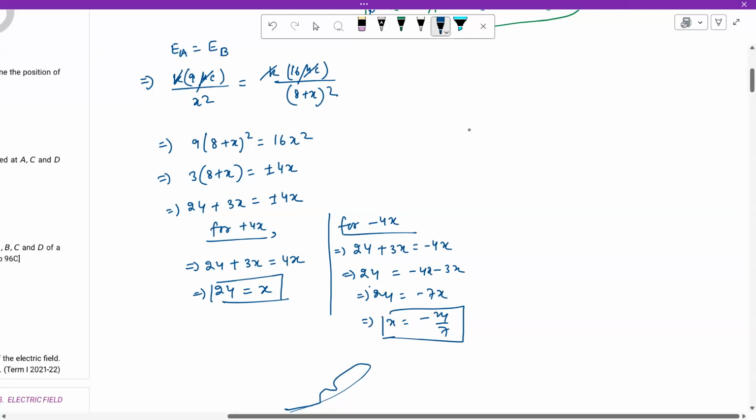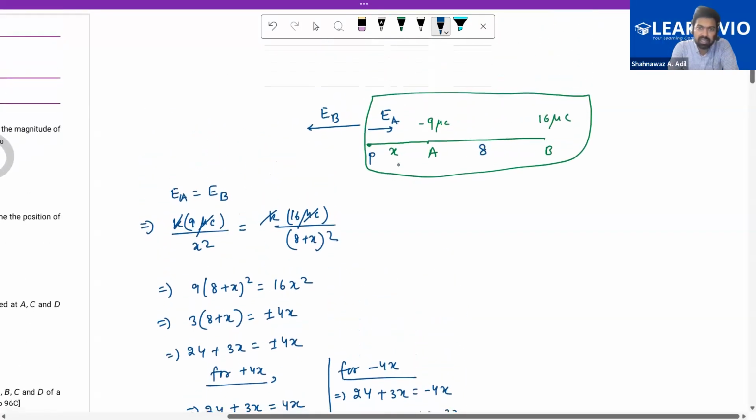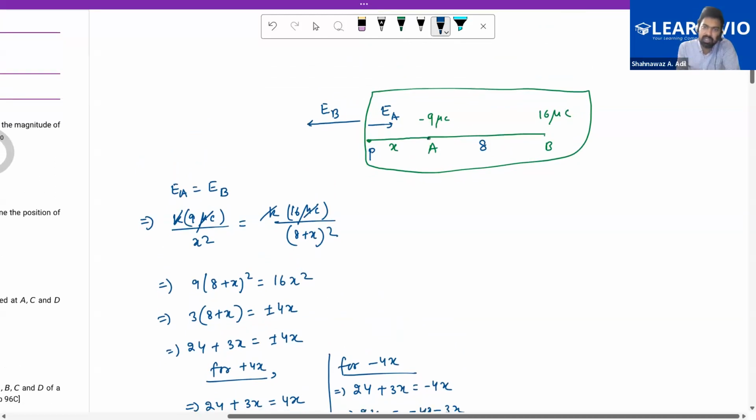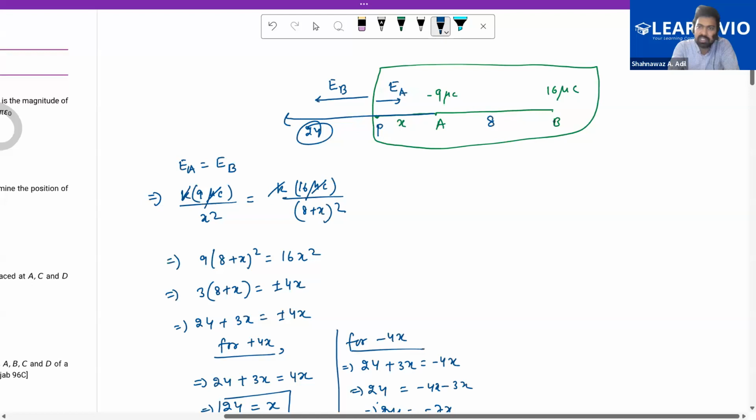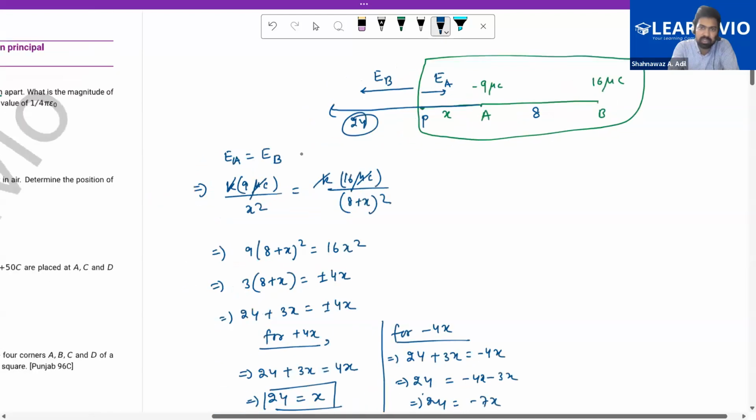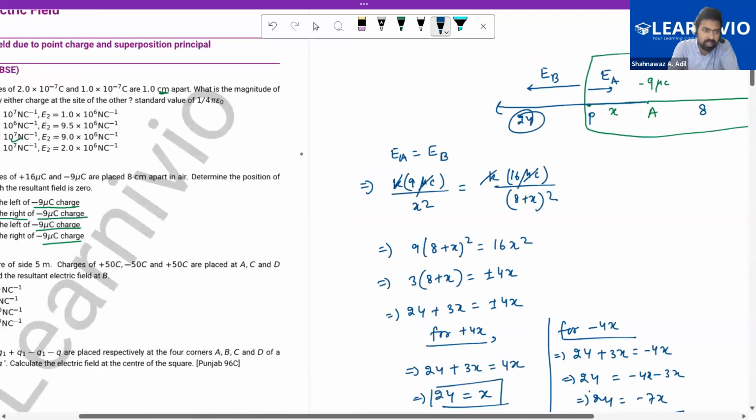So now we get the answer directly. X should be 24. And from the 16 microcoulomb charge, the distance will be 32 centimeter. But there we have a problem of right and left.